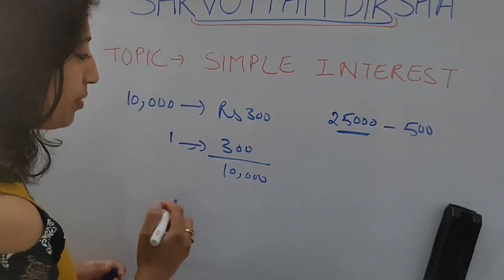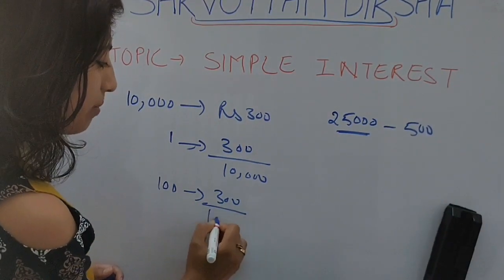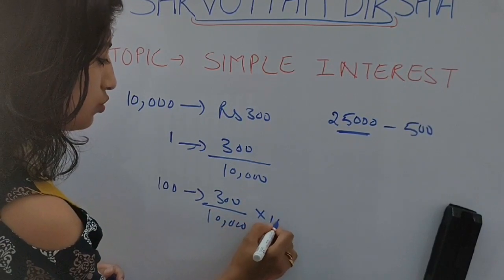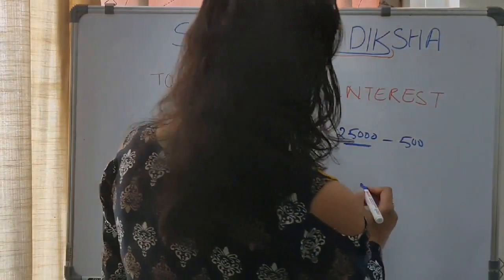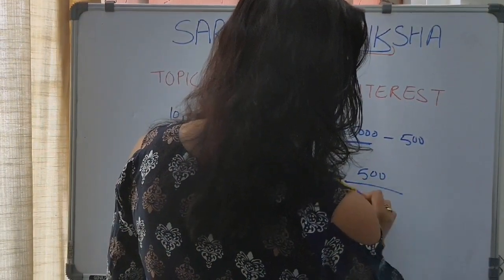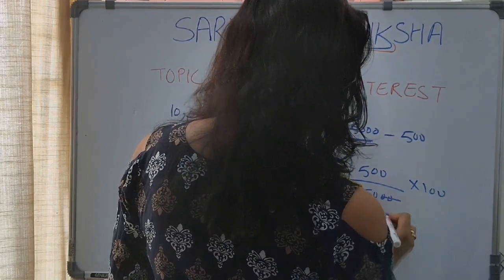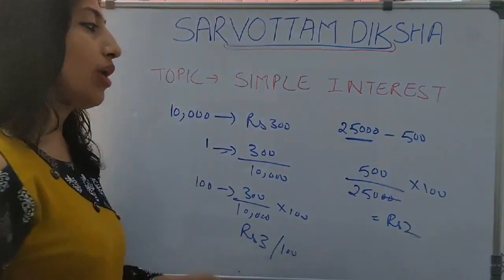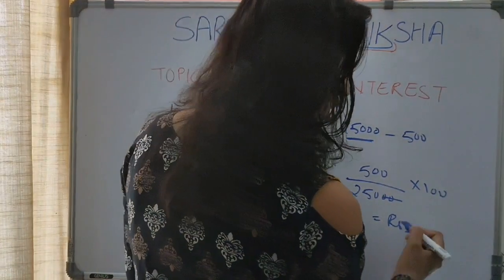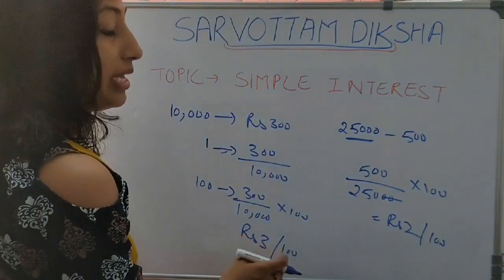For 100 rupees, you have to pay me 300 by 10,000 into 100 and you will get 3 rupees. Similarly, here you have to pay 500. Again, I am doing it with unitary method, but this time you guys do it directly. Here you have to pay him 2 rupees per 100. Here you have to pay me 3 rupees per 100.